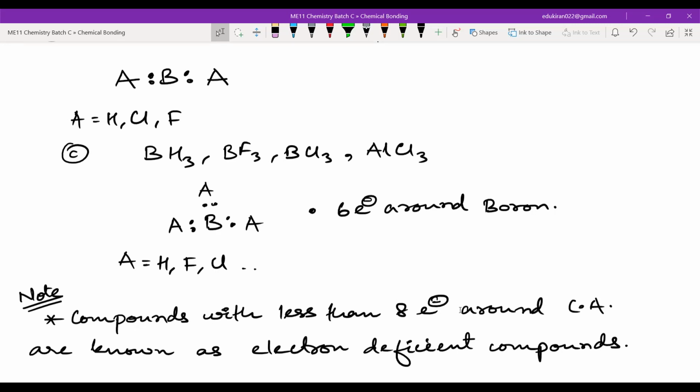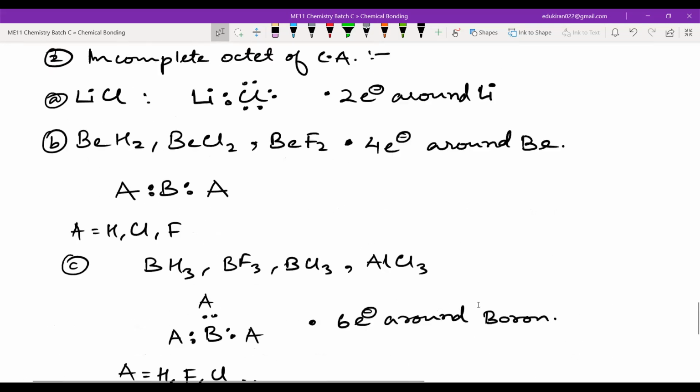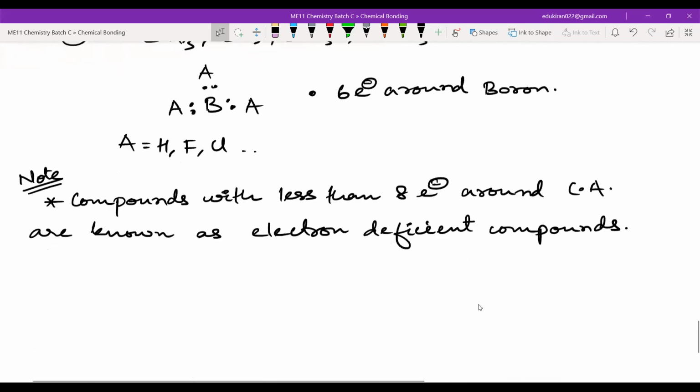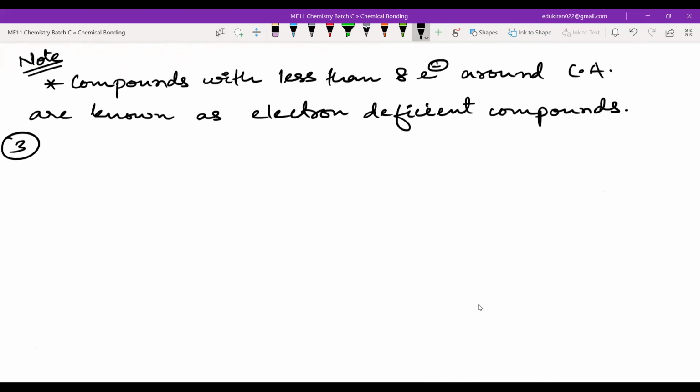Done, sir. Then we have seen 2, right? The third limitation: expanded octet of the central atom.